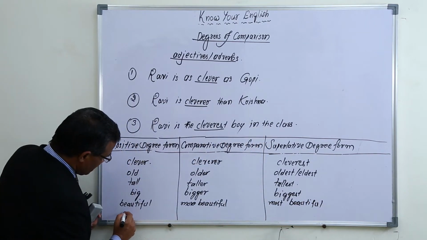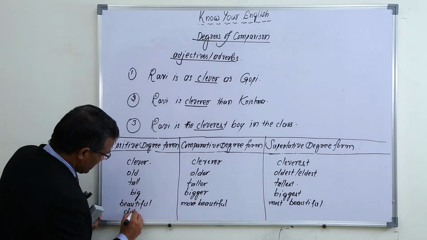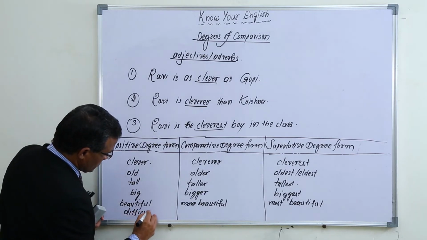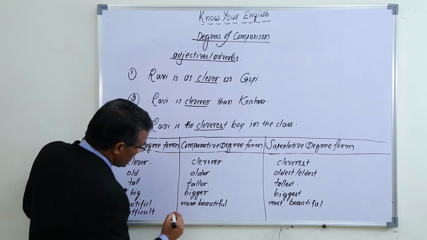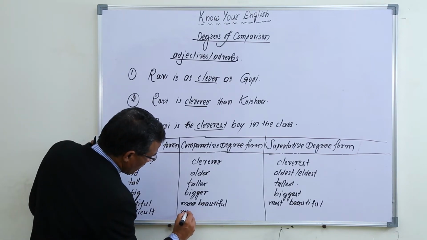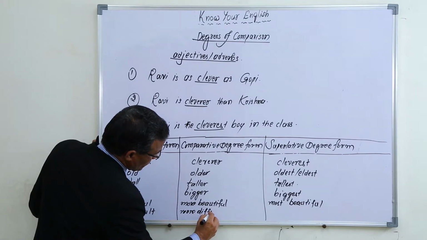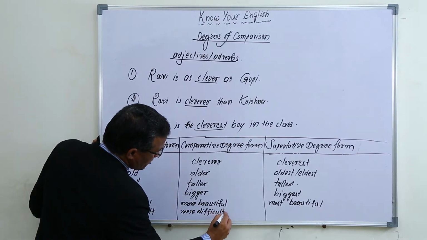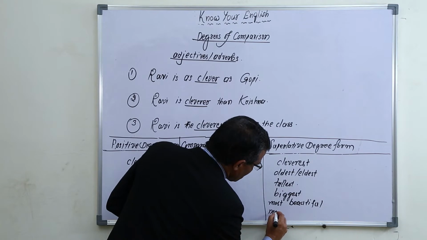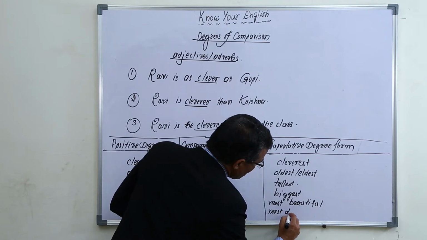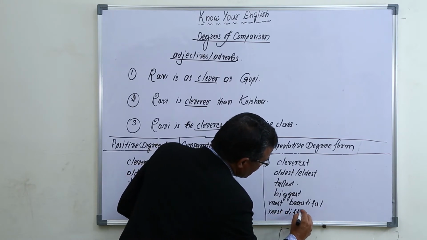And for example, difficult. So these are long adjectives. Difficult, more difficult, most difficult.